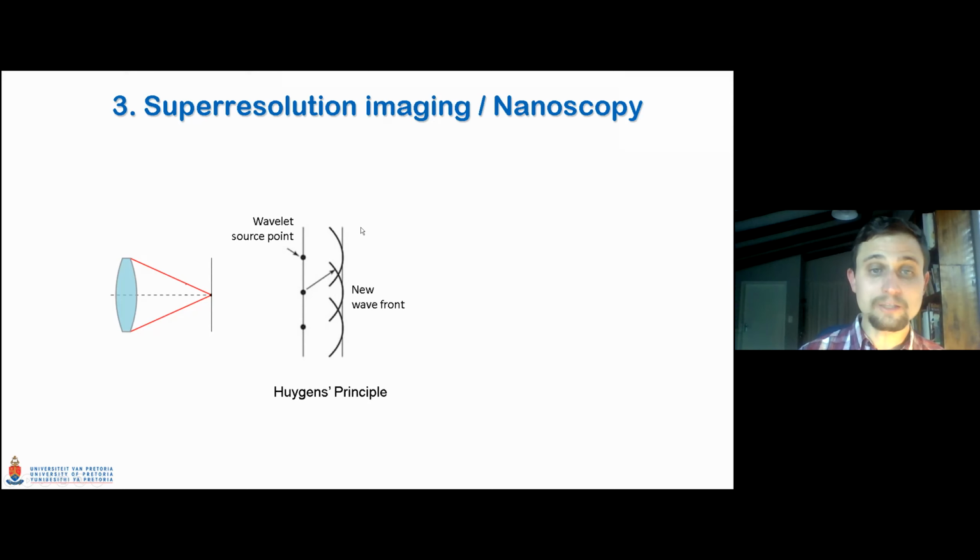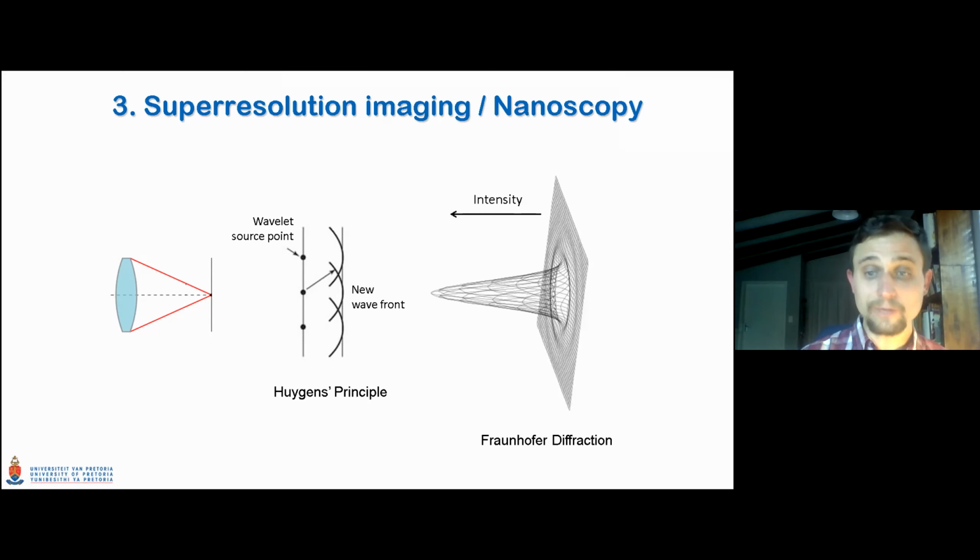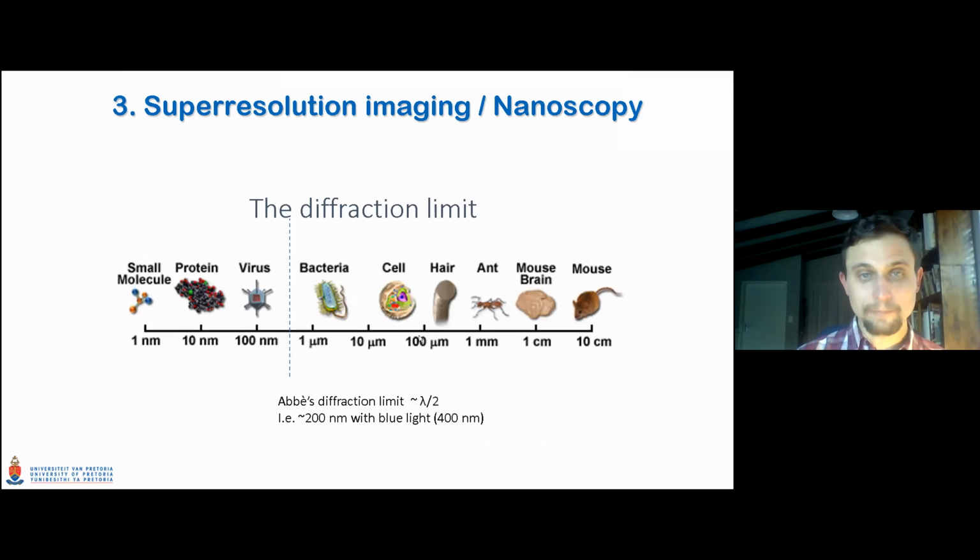Okay, and this wavefront is what determines the diffraction limit, because of the diffraction between all these different wavelets, a diffraction pattern is formed in the far field if you focus your light. And the diffraction limit is roughly half the wavelength of your electromagnetic radiation.